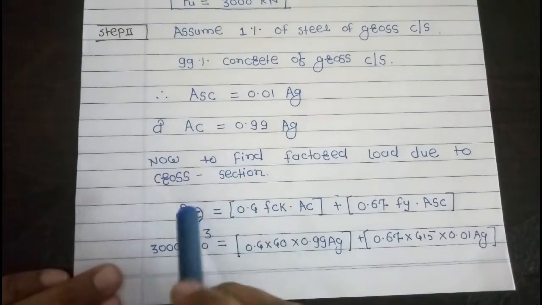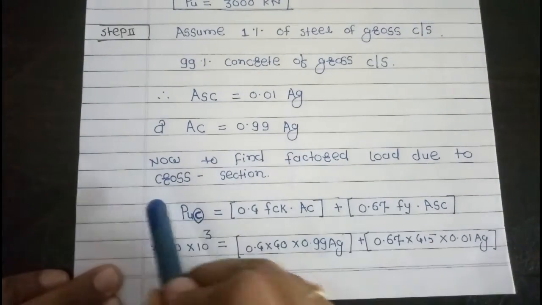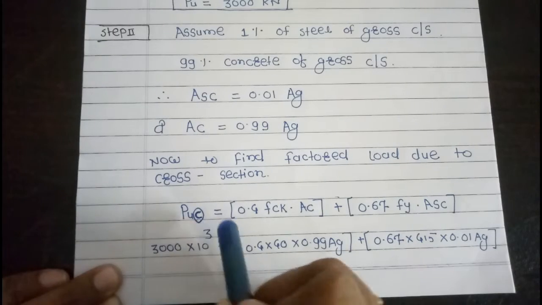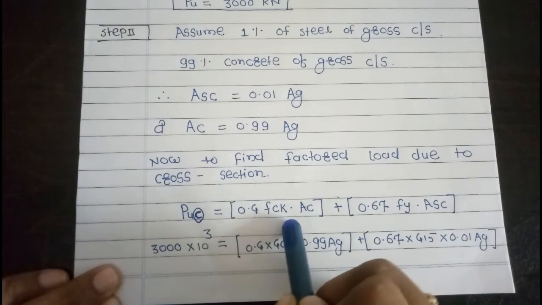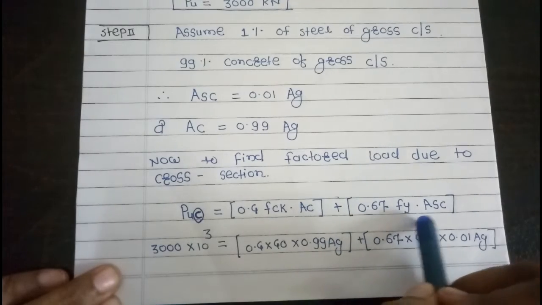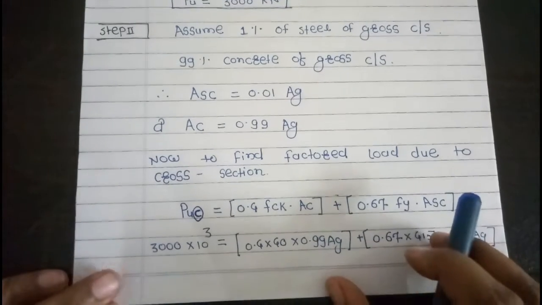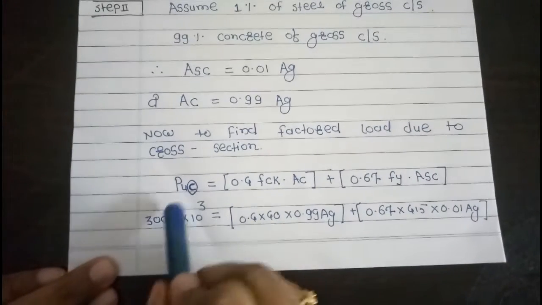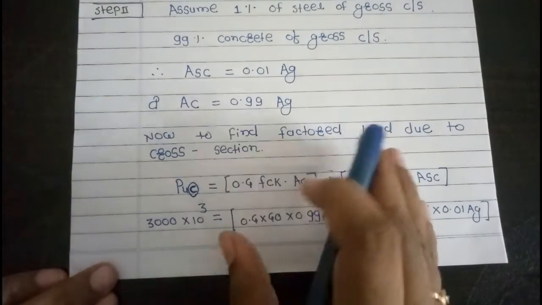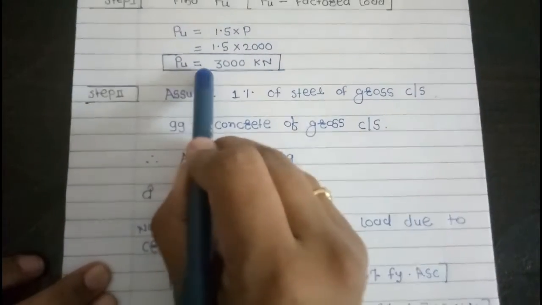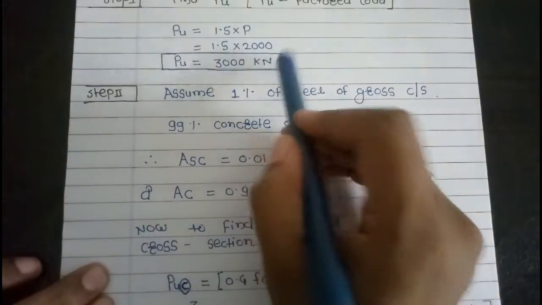Now to find the factored load due to cross section, factored load Pu is equal to 0.4 fck into Ac plus 0.67 fy into Asc. So put the values. You can see the first step, Pu is equal to 3000 kN.